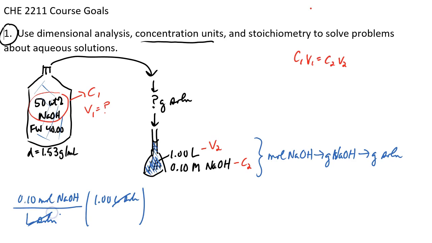So really, the moles of sodium hydroxide that we want in this vol flask are simply 0.1 moles. So how many grams of solution do we have to add then? Well, I might say that for every 1 mole of sodium hydroxide, there are 40 grams of sodium hydroxide.